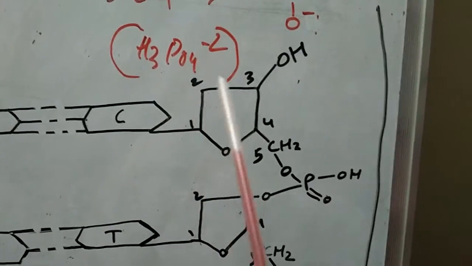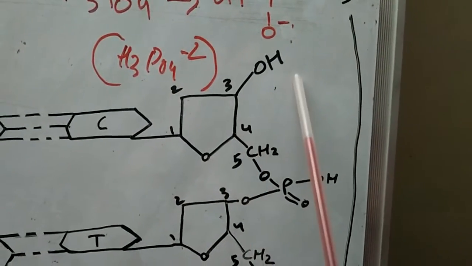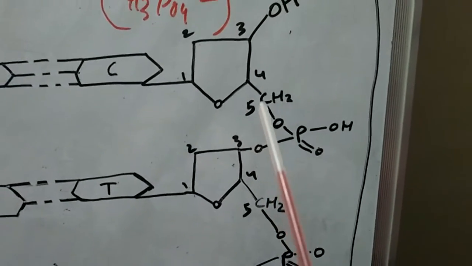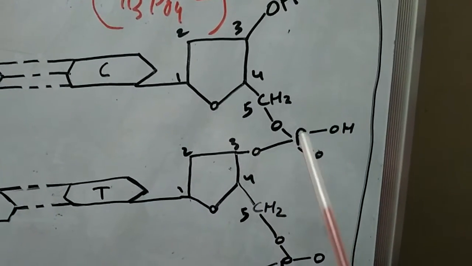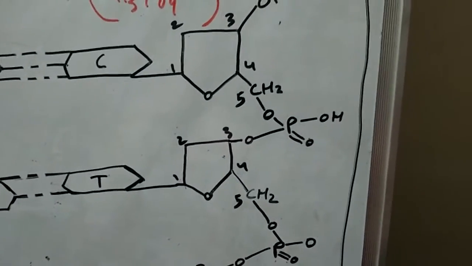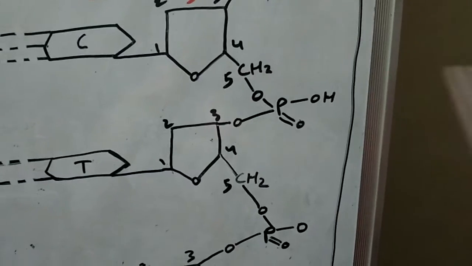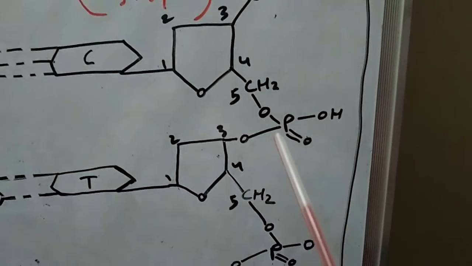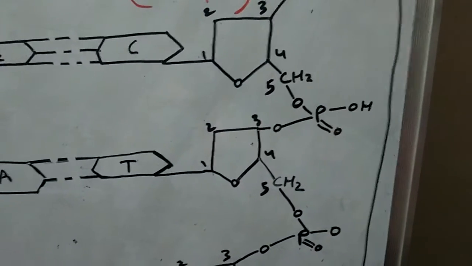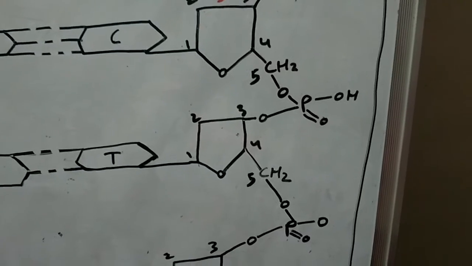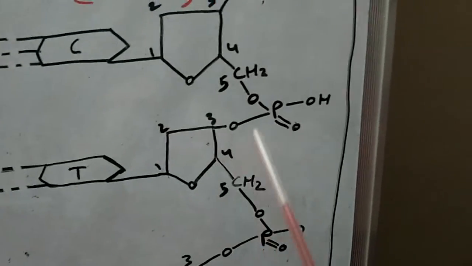Then carbon number 2, carbon number 3, we have the OH group here. Carbon number 4, carbon number 5, we had CH2OH, but OH will eliminate, sorry, H2O will eliminate, or you can also say OH will eliminate in the form of water. And here we will attach the phosphate group, just like the previous nucleotide strand that I have shown on my left hand side.